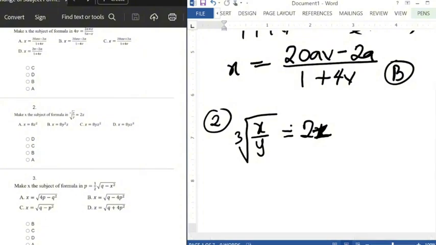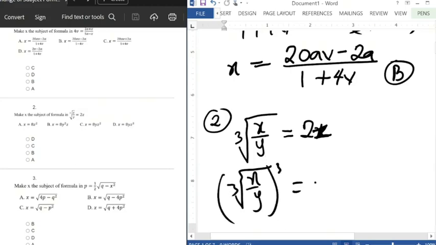We raise it to power 3, and since we are raising this side to power 3, we also raise the other side to power 3. So that is the cube root of x over y, everything raised to power 3, equals 2z, everything raised to power 3. I hope I'm making sense.